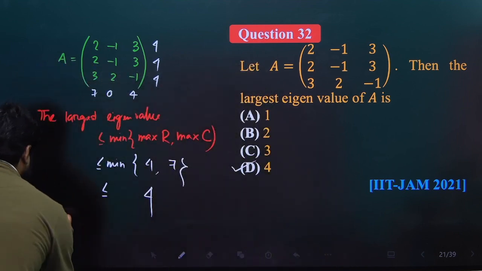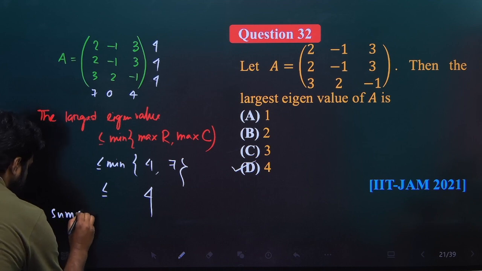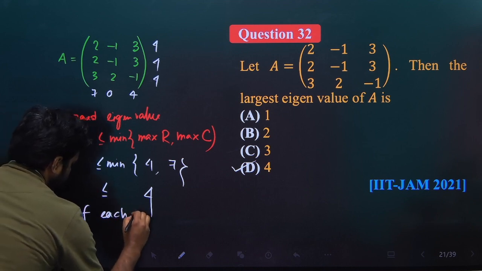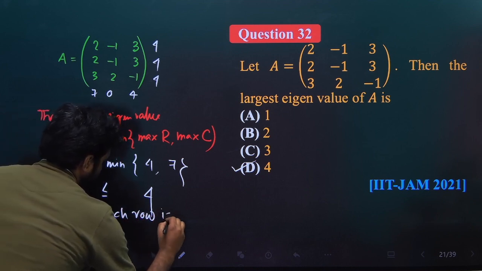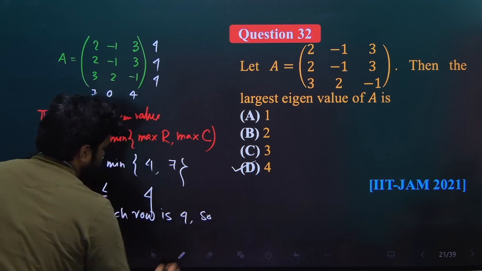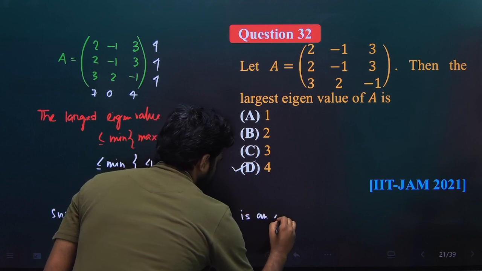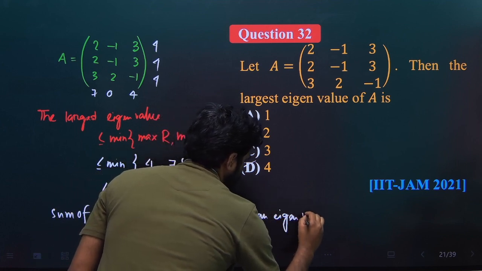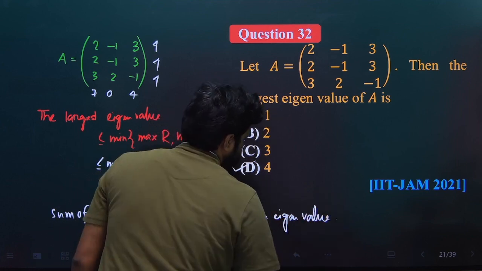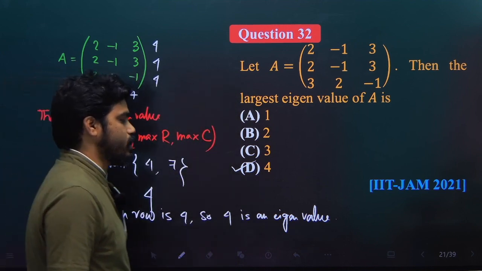Sum of each row is 4, so 4 is an eigenvalue, okay? It is very important.